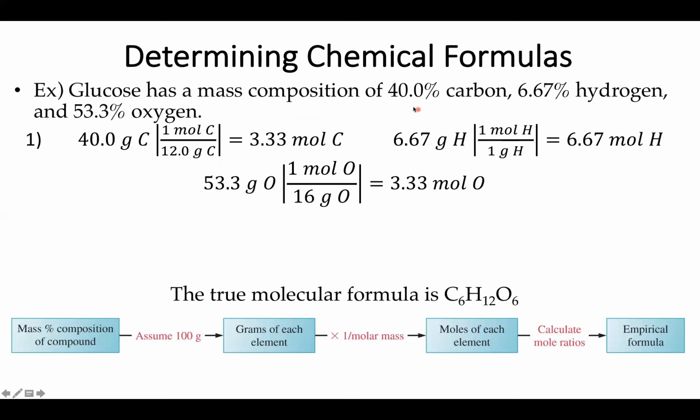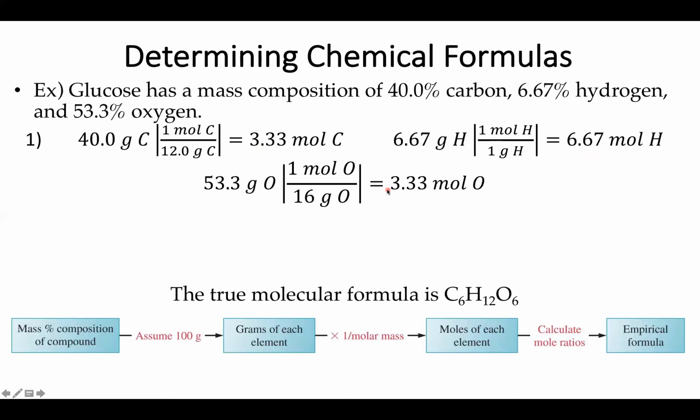I can take that 40% of carbon and say that's 40 grams of carbon, or about 3.3 moles of carbon. That 6.67% hydrogen becomes 6.67 grams hydrogen, which then becomes a little less than 7 moles hydrogen. Gotta love 1-to-1 ratios. Finally, we have about 53.3 grams of oxygen.